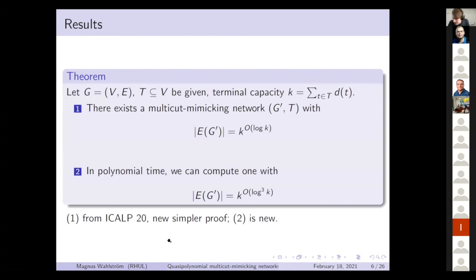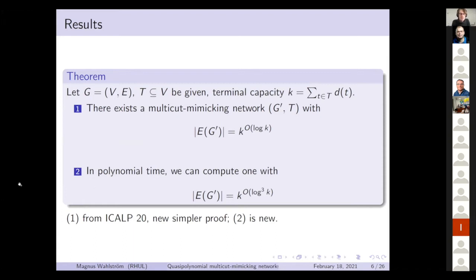The proof I'm presenting today has the same general layout, the same general strategy, as ICALP last year, but the actual machinery in the middle is replaced by a single observation, basically. So it's a slightly embarrassingly simple proof.